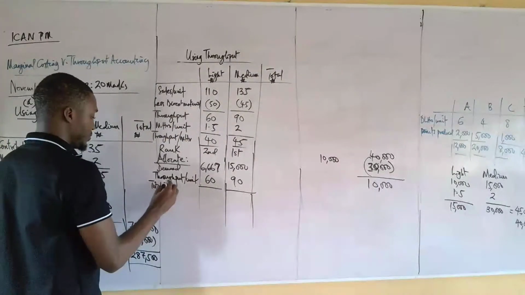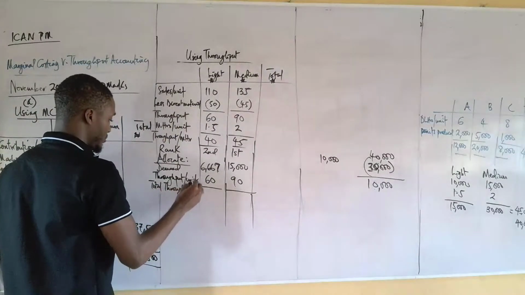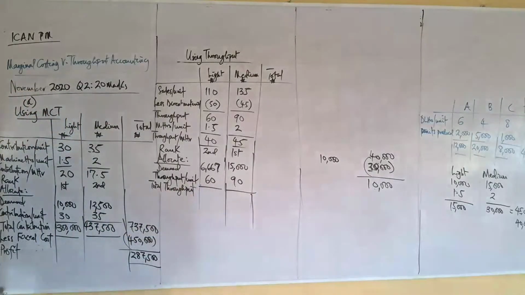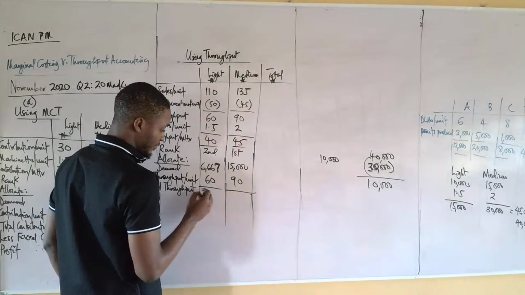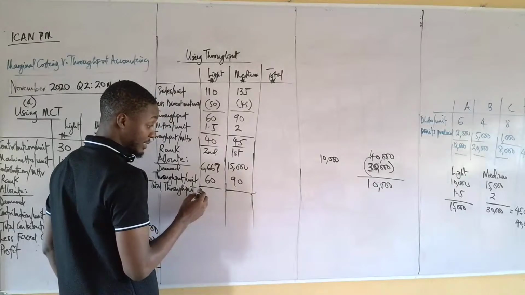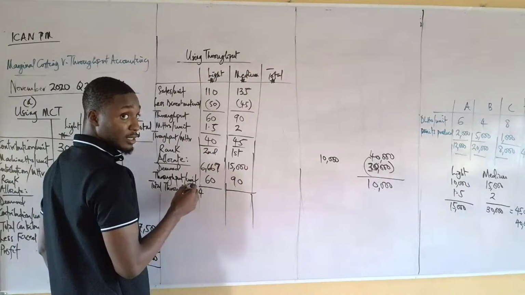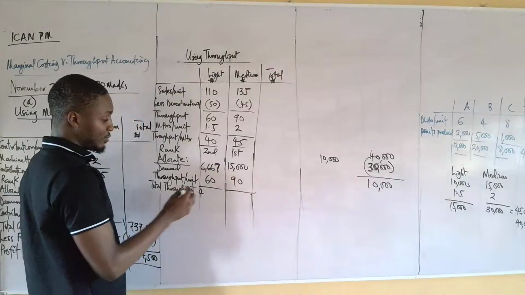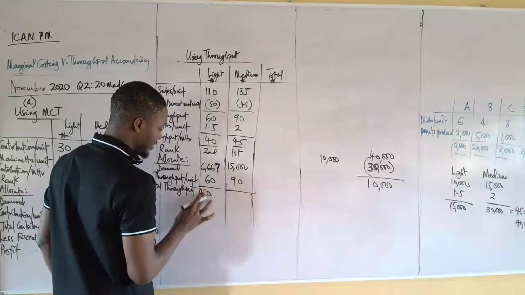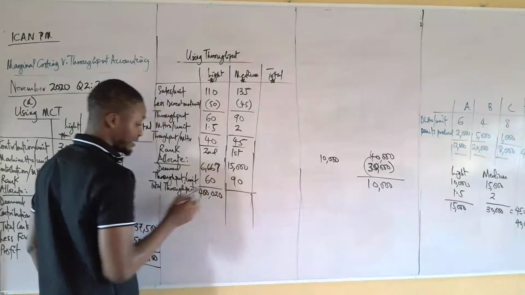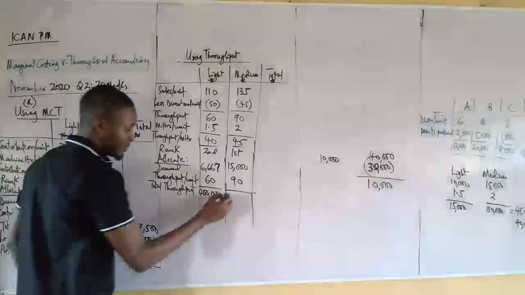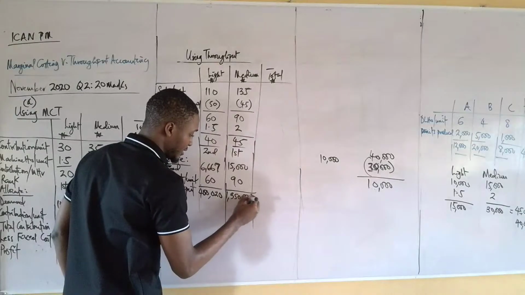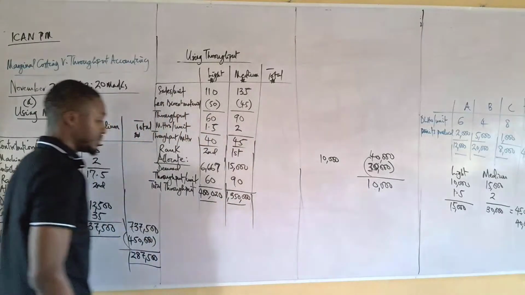Total throughput. 400,020 naira. And then 15,000 times 90, 1,350,000. Total throughput. Add it to 1,750,020.